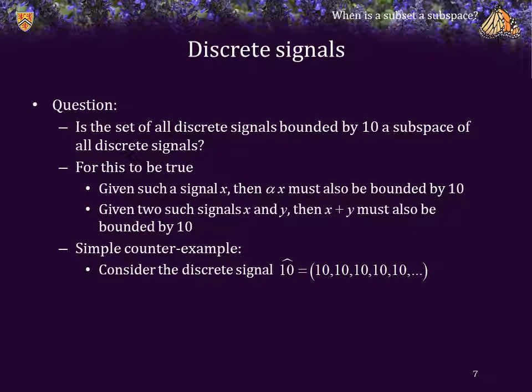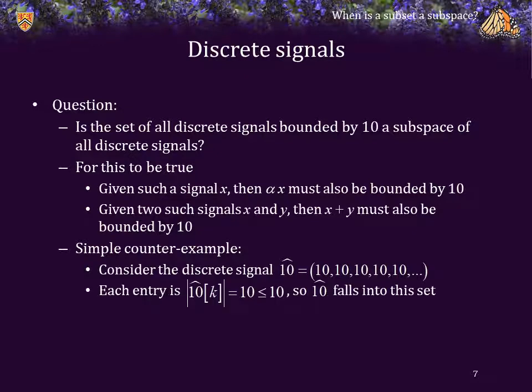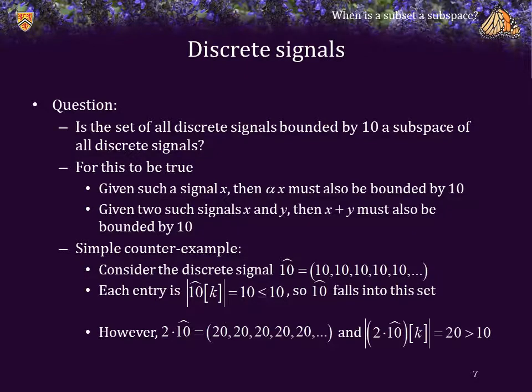So the kth entry of this discrete signal is 10 for all k. Clearly, this discrete signal is bounded by 10 because every entry is less than or equal to 10 in absolute value. So this falls into the set described above.